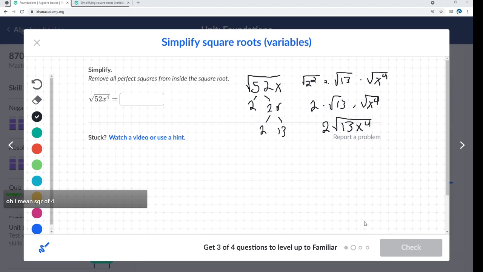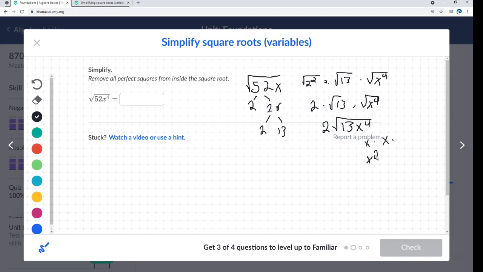The square of 4? That's just x times x times x times x. Oh, okay. So then we probably want to simplify that again, or not simplify, but break it down like they did before.